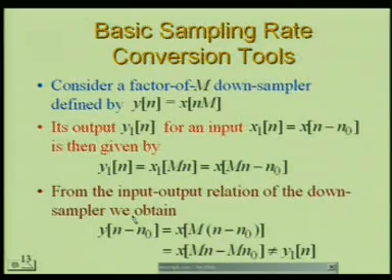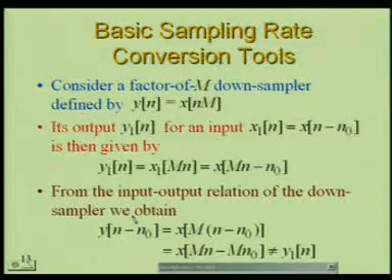What do you mean by this n minus n0? It is a delayed version of the original sequence. It is simply delayed by n0 samples, where n0 is another integer only. It can be 1, 2, 3 like that. So, basically this x[n - n0] is a delayed version of the input sequence x[n].